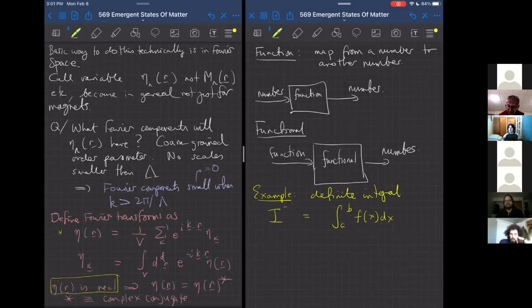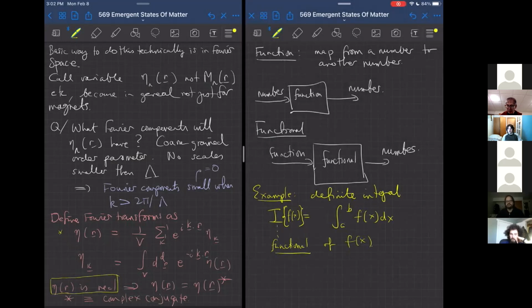So we can say that I is a functional of f of x. That's all that a functional is. You've seen them before.